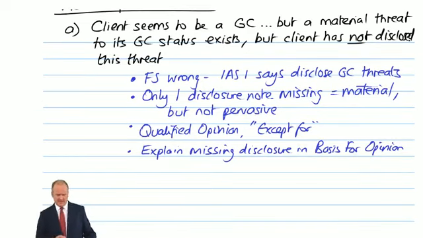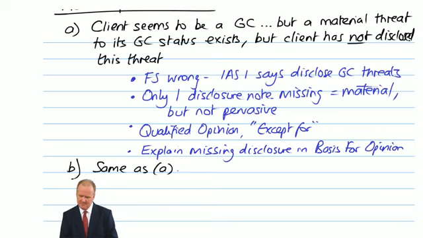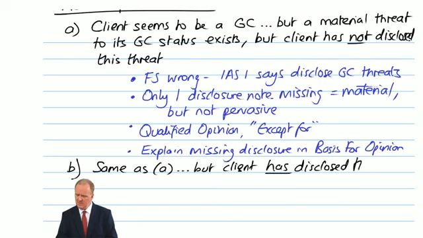Okay, so there's one example. Let's try it differently. B. Same as A, but the client has disclosed the threat in a financial statement note.